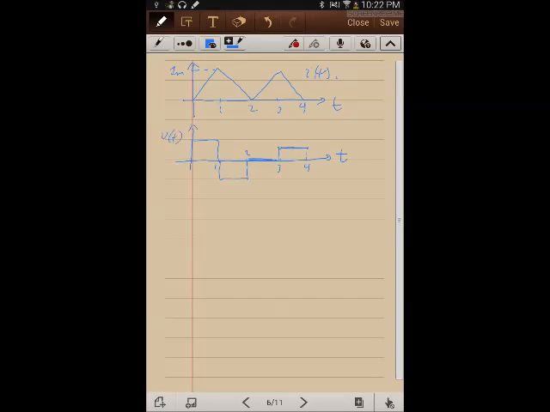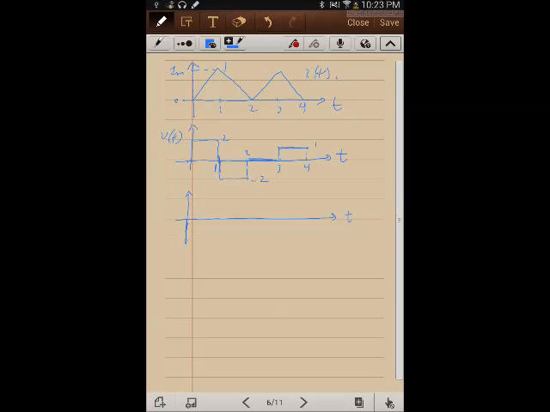If I want to calculate the power that is being absorbed or delivered by this particular device, it will be the voltage times the current at each time period. So from 0 to 1, let's say this is 1, this is 0, let us say this is 2, this is minus 2, and this is 1.